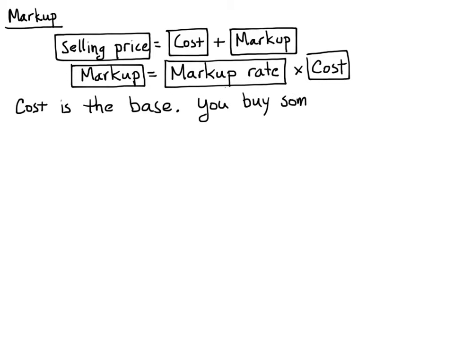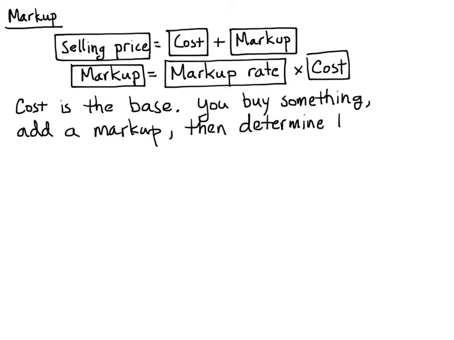So cost is the base, you buy it, you mark it up, and that determines the price. And let me make a correction here. This should say not cost, it should say price.